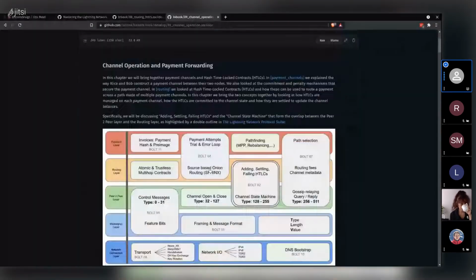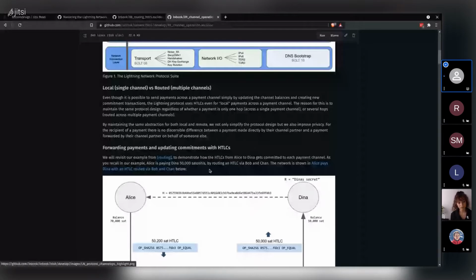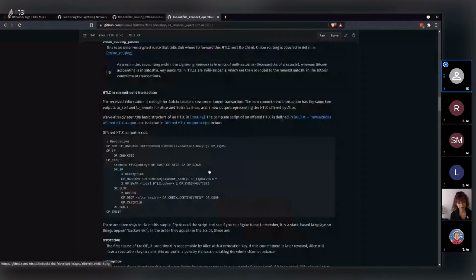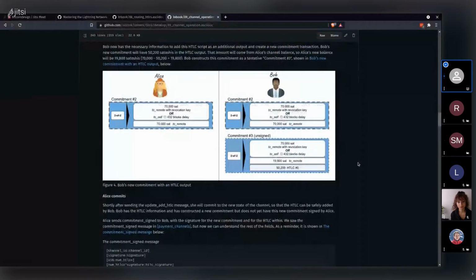Yeah, interesting. Let me pull up one of these. I interpreted these as essentially being different outputs. Okay. Actually, I think what these symbolize are spending conditions, right?